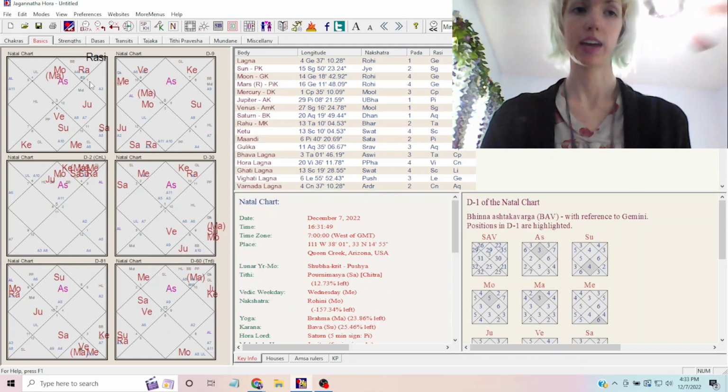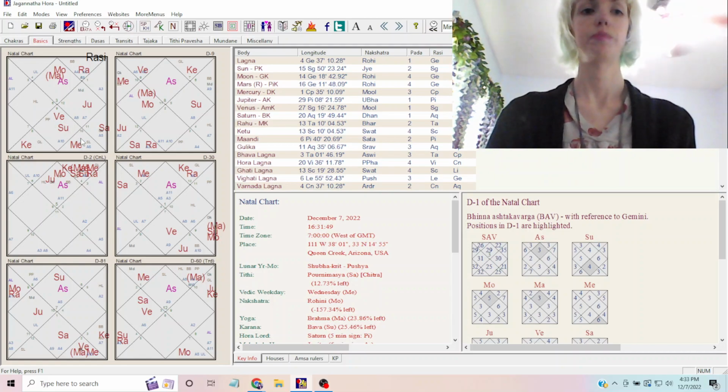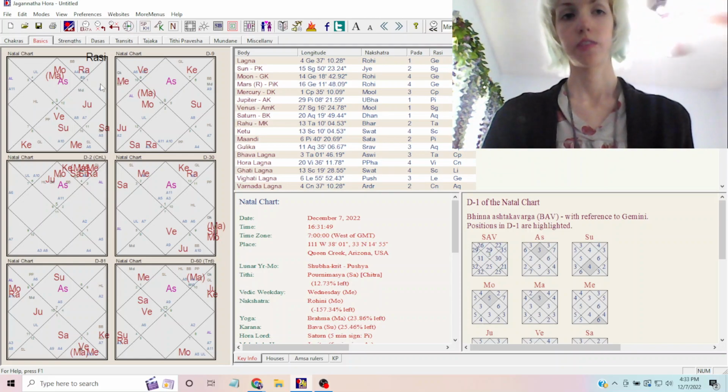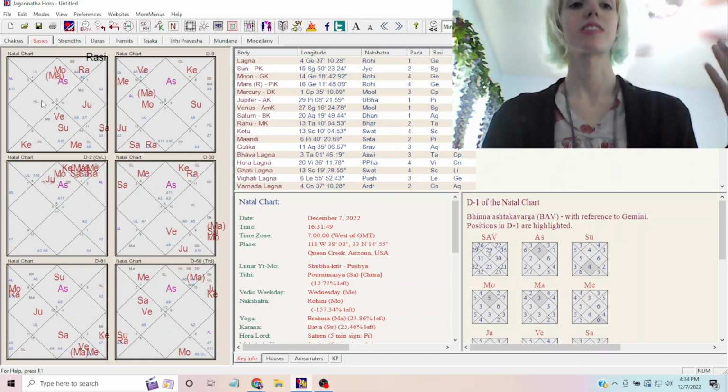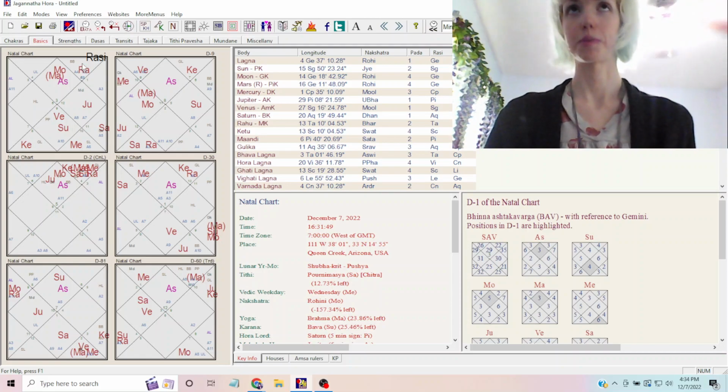So first sign Aries, second sign Taurus, third sign Gemini, fourth sign Cancer, fifth sign Leo, sixth sign Virgo, seventh sign Libra, eighth sign Scorpio, ninth sign Sagittarius, 10th sign Capricorn, 11th sign Aquarius, 12th sign Pisces.